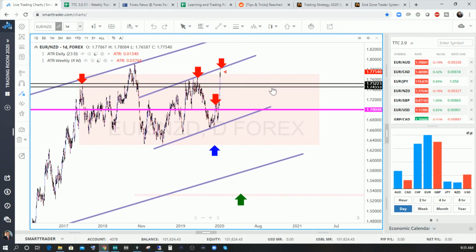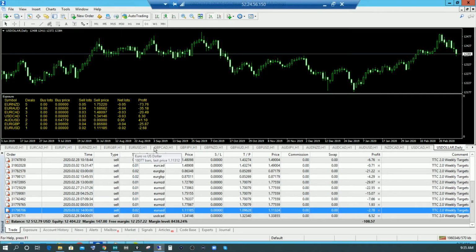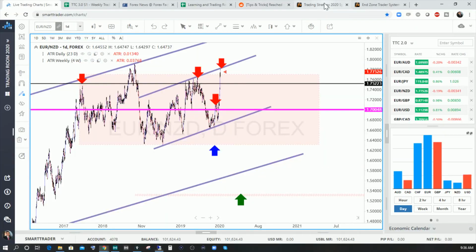All right, that's my break-even point right here. So you can see that there's not a lot of pips before the market gets back to my break-even point. In fact, on the euro New Zealand dollar, I'm about 34 or 33 pips away from my break-even point. That's about here. All right, so that's the break-even.